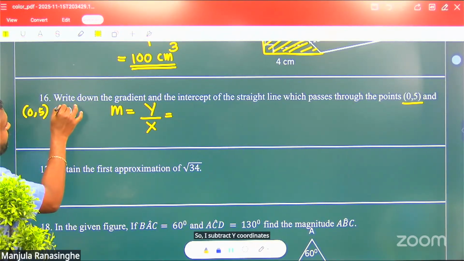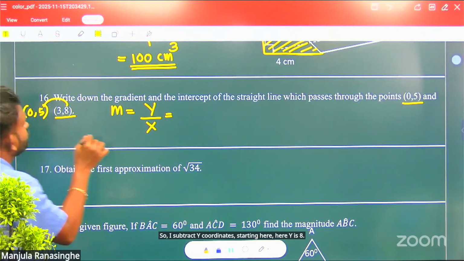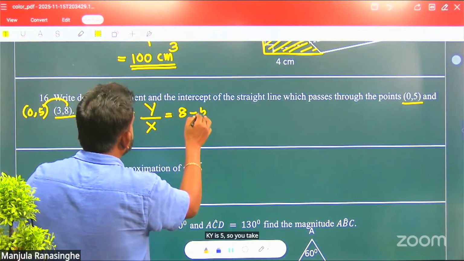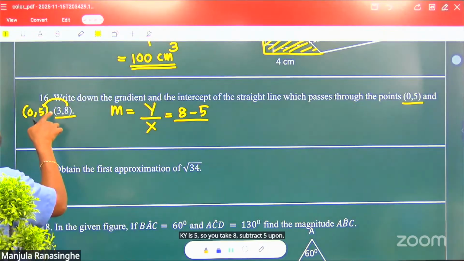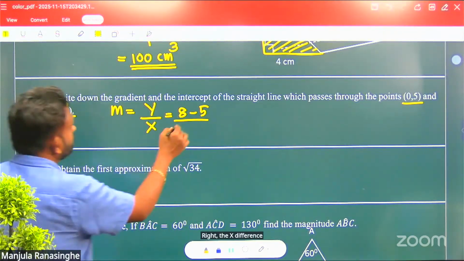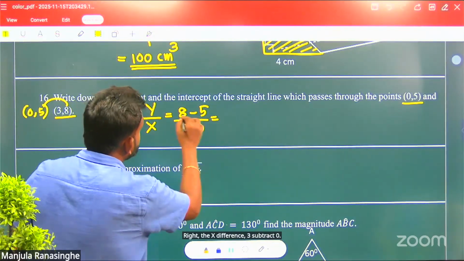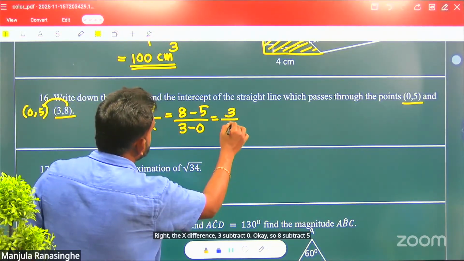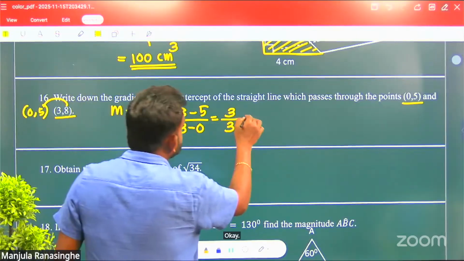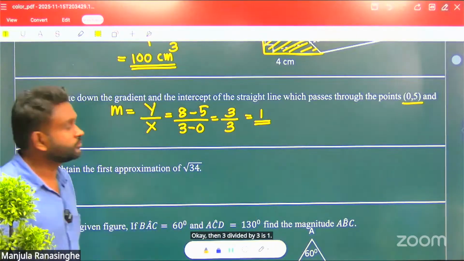Here y is 8, here y is 5. So 8 subtract 5 over the x difference 3 subtract 0. 8 subtract 5 is 3, 3 subtract 0 is 3. Then 3 divided by 3 is 1. So the gradient is 1.